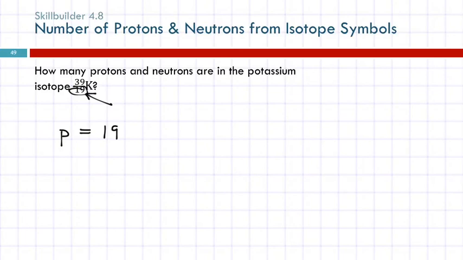You could also find it by looking on the periodic table: K is element number 19. That's 19 protons, but it's actually written right there for us. How many neutrons? 20. We take this and subtract: 39 minus 19 is 20. So the number of neutrons is 20. Any questions? Whole number adding and subtracting.